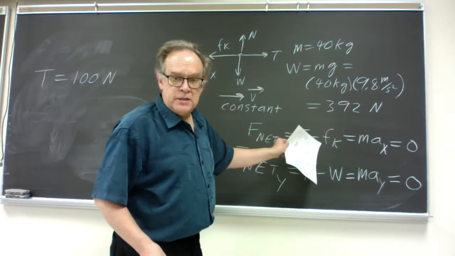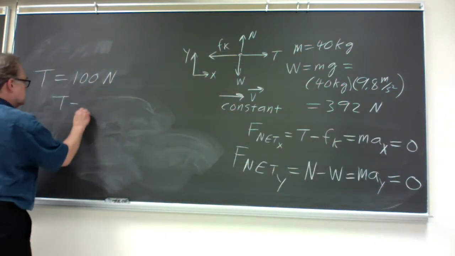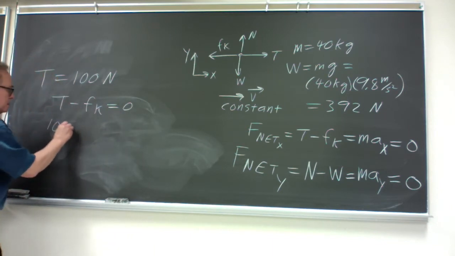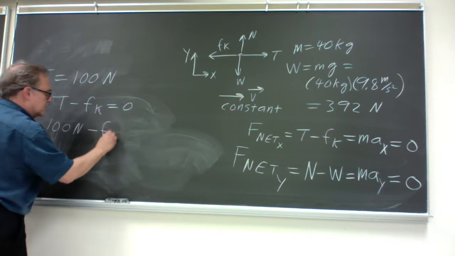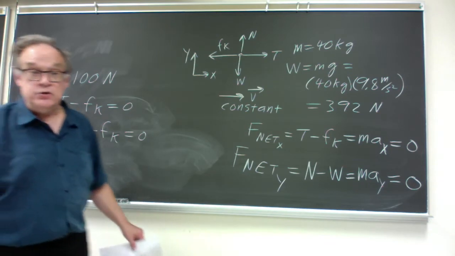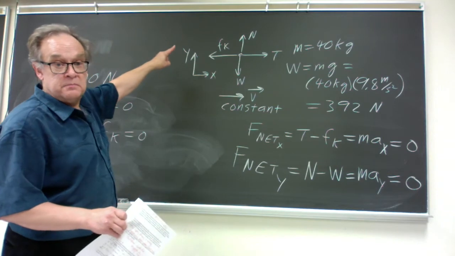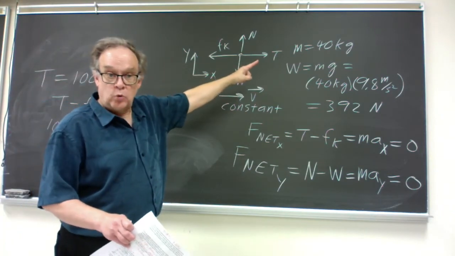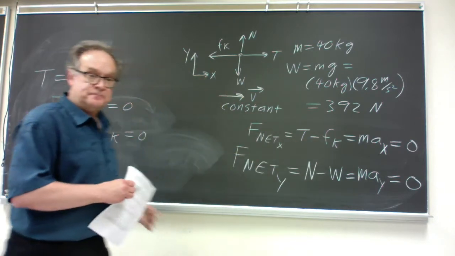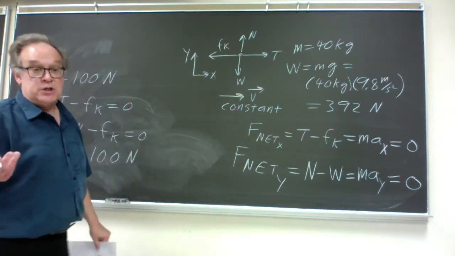Tension minus kinetic friction force equals 0. Or tension is 100 newtons minus kinetic friction equals 0. So we know that the magnitude of the kinetic friction force is just 100 newtons. This backwards force is canceling out this forward force to make the net horizontal force 0. And that gets us partway to our goal.